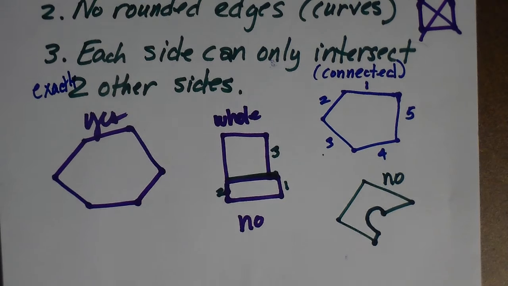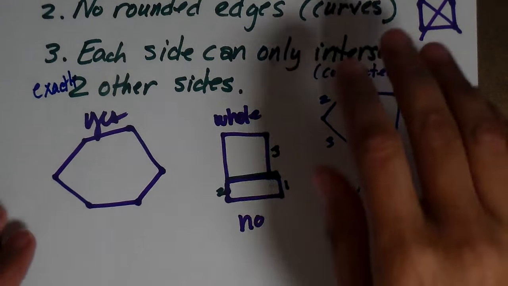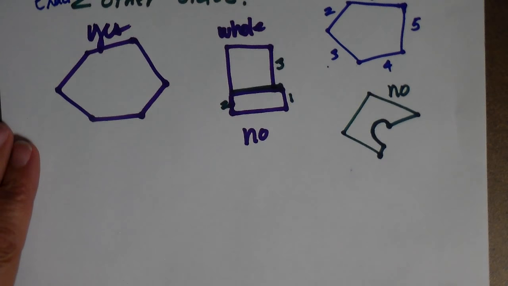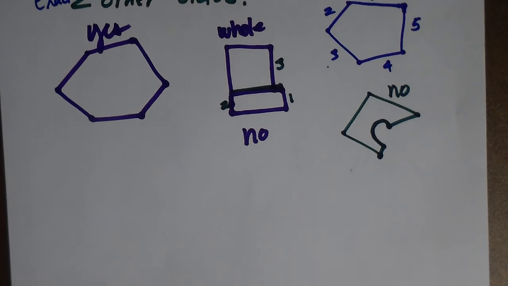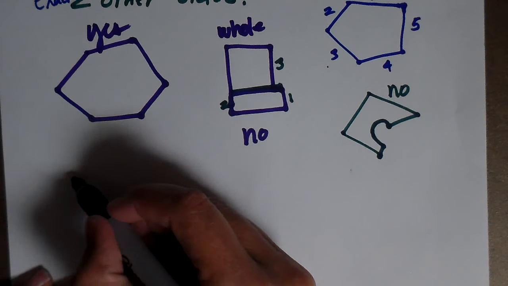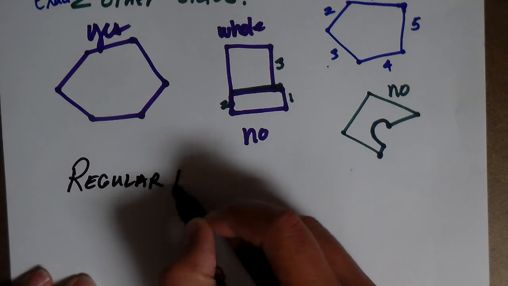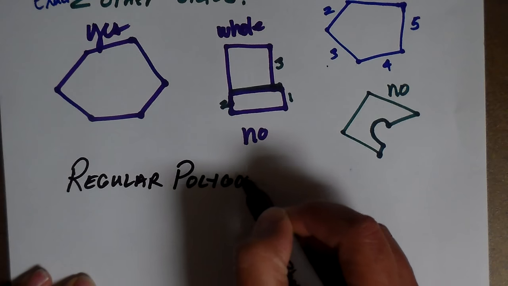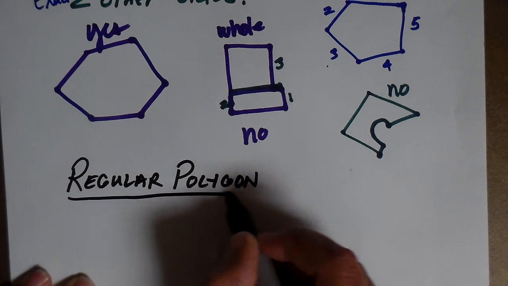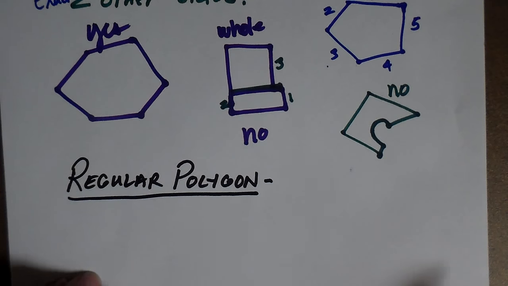Now we do have one other type of polygon that I'm going to mention in the video, and that's a special type of polygon, and we call that a regular polygon. And what a regular polygon is, regular polygon, not irregular like me, regular.